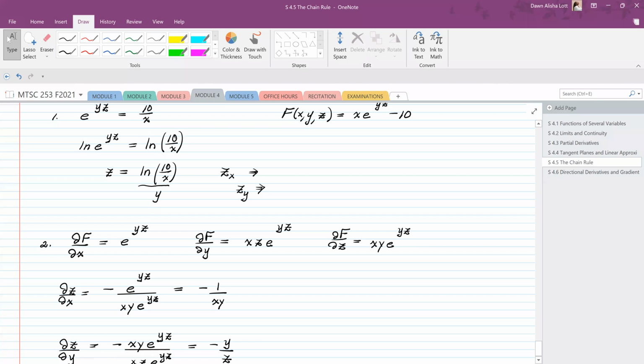Okay. And actually, z over y, I know what z is. I can put z in. Oh, no, I don't. I would just leave it like that. That's it. Okay. So that's it on partial derivatives. They are wonderful, fun, and now we are getting ready to use them for something else.